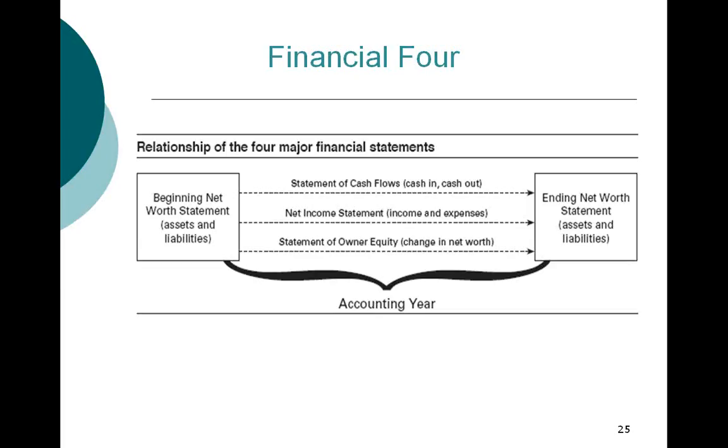And then the statement of owner equity identifies the change of equity that takes place between the beginning and the ending balance sheets. So the balance sheets are like a snapshot at either end of the year, and the statements are like videos that explain what happened throughout the year.